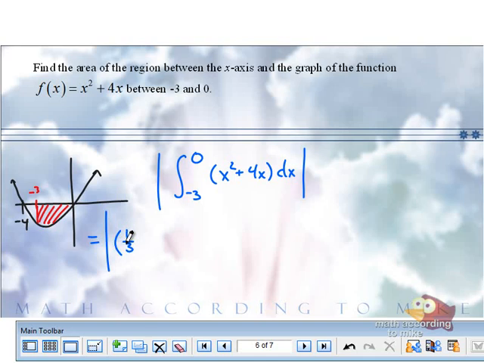One-third x to the third. And what is the antiderivative of 4x? Be careful. Two x squared.